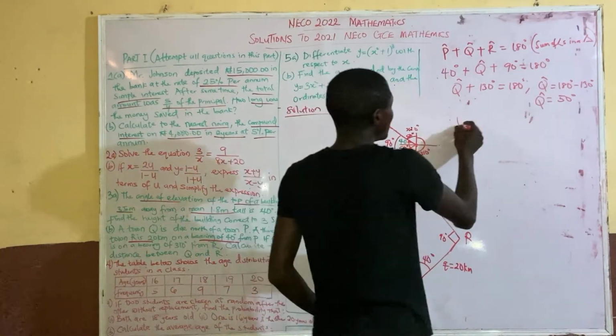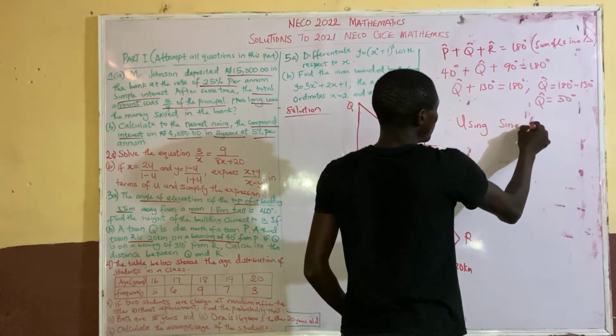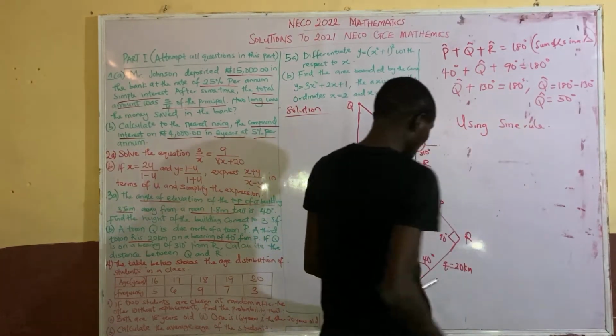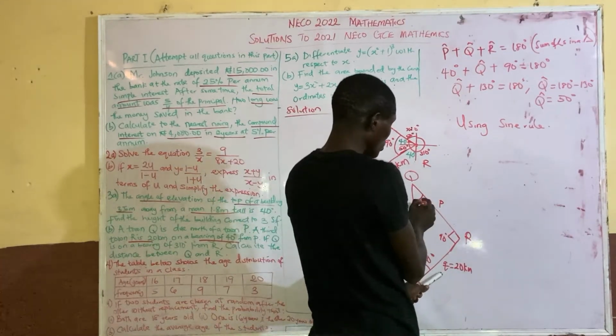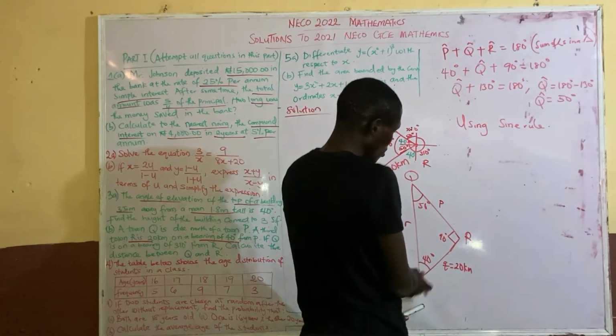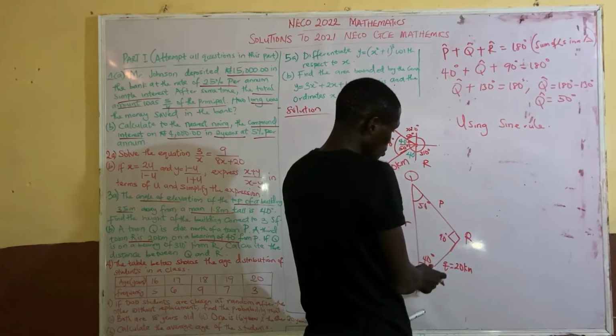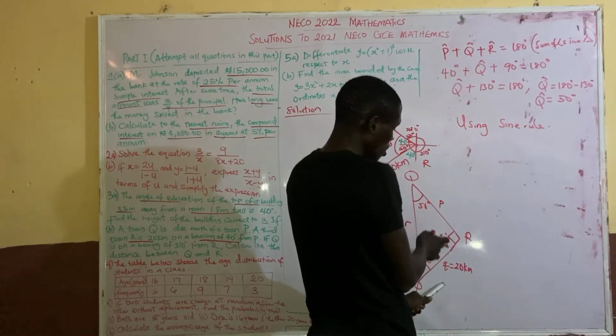So using the sine rule now. Now that we know Q to be 50 degrees, don't forget that we are looking for P. To look for P, we need two angles and one side.